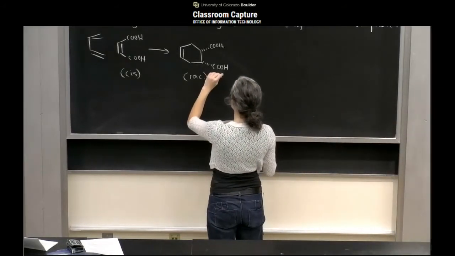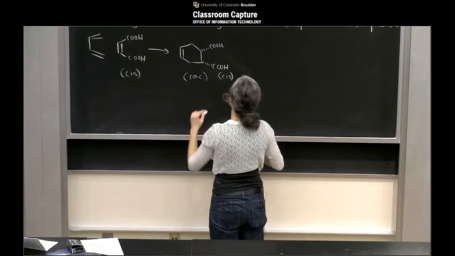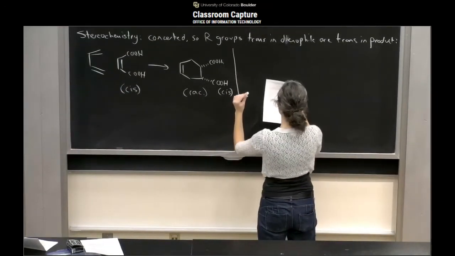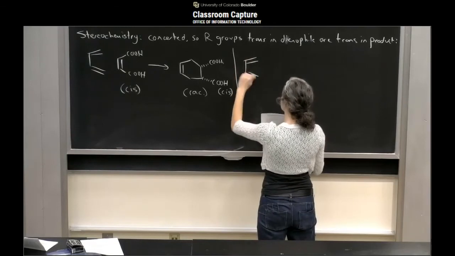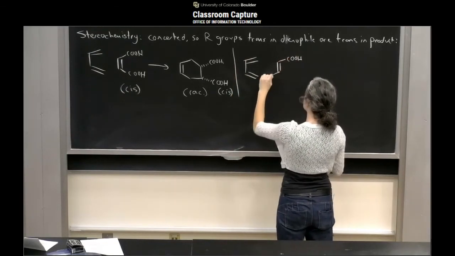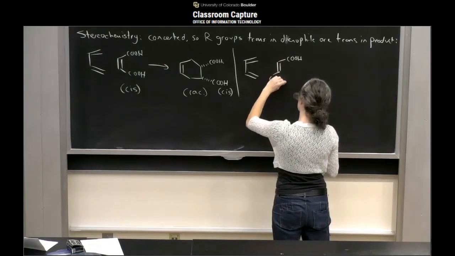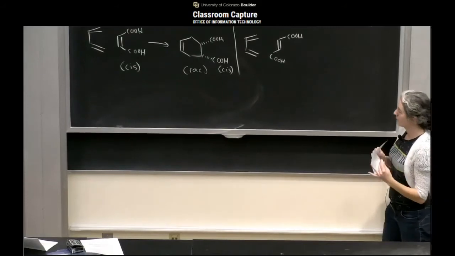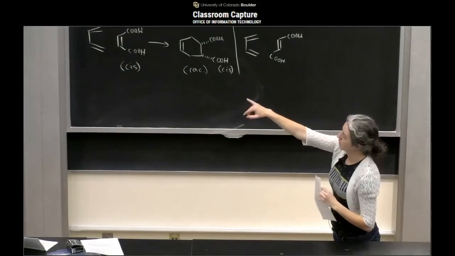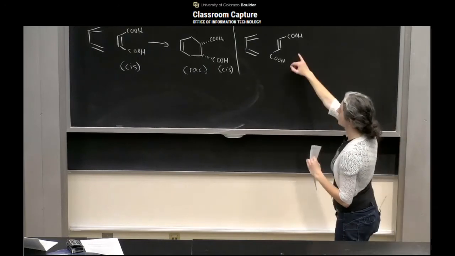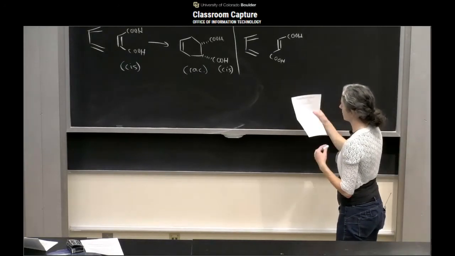Then they end up cis in the products, and correspondingly, if they start out trans in the dienophile, which is another option, I guess I showed them cis in the generic version way up there, but you can have them hanging off either way.